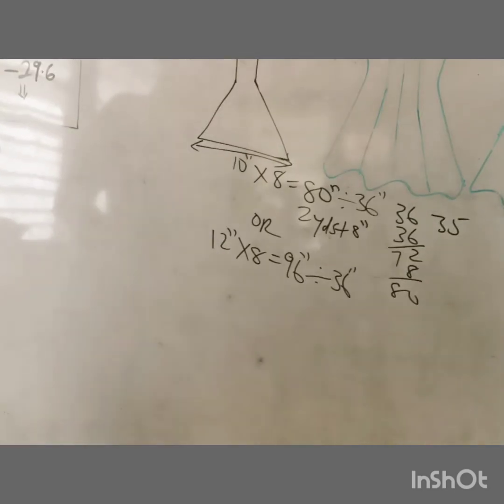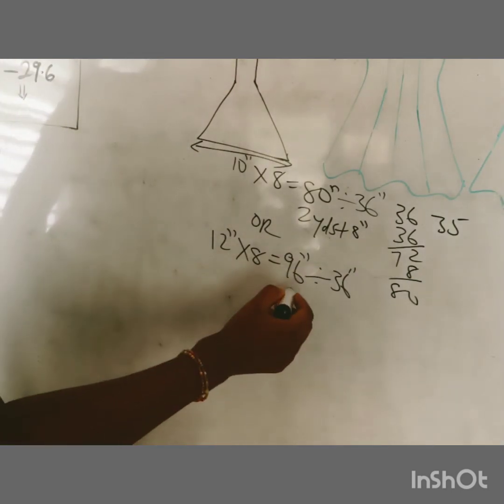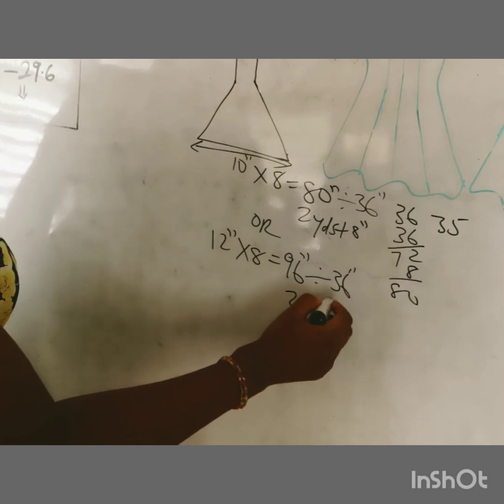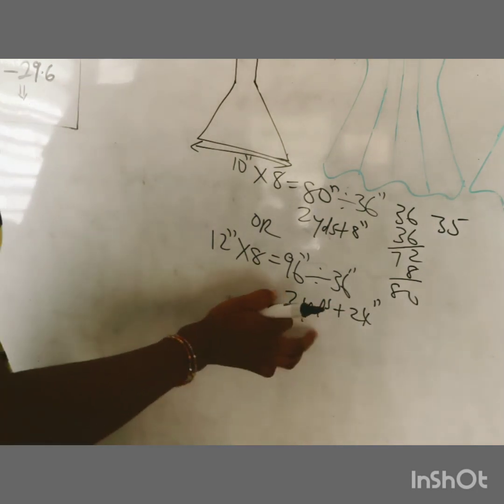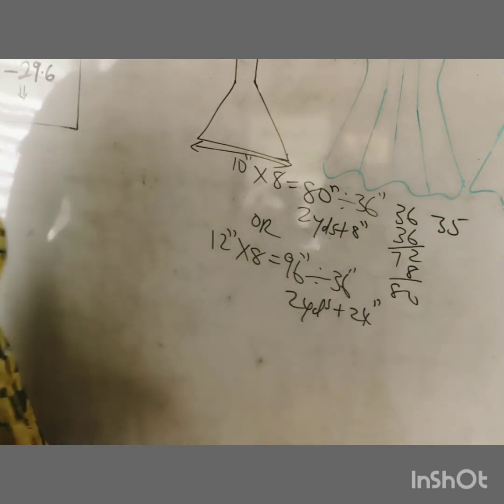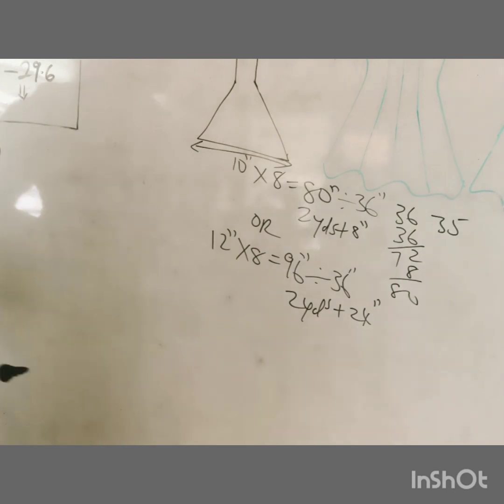So if I divide 96 by 36, I'm going to have 2 yards plus 24 inches. So I need 2 yards plus 24 inches. It depends on how full you want it to be.